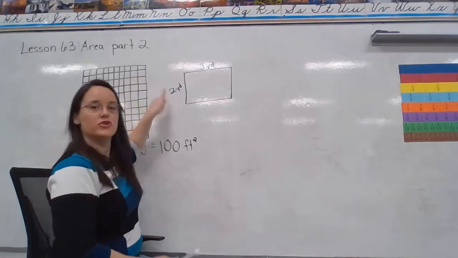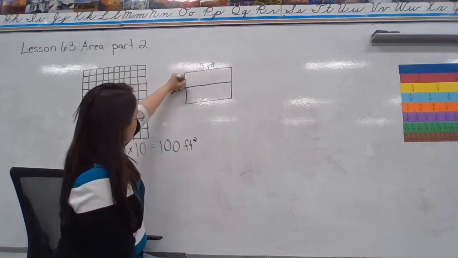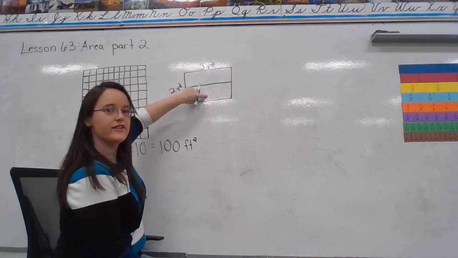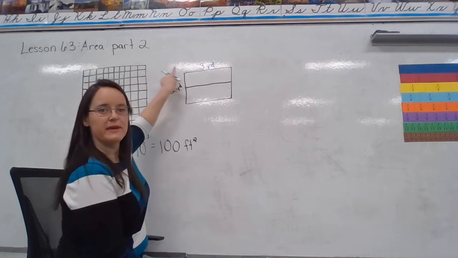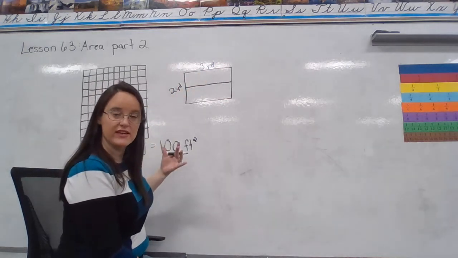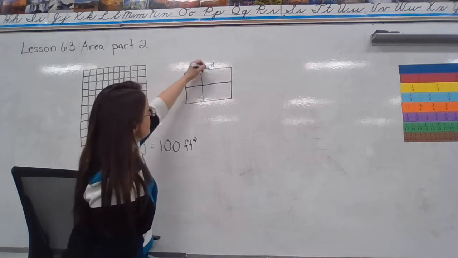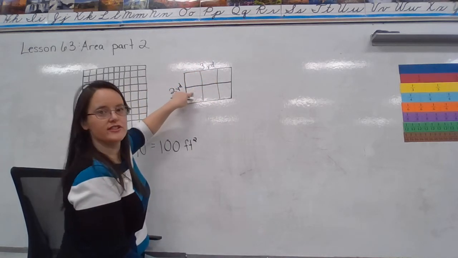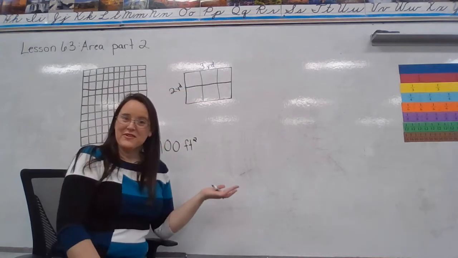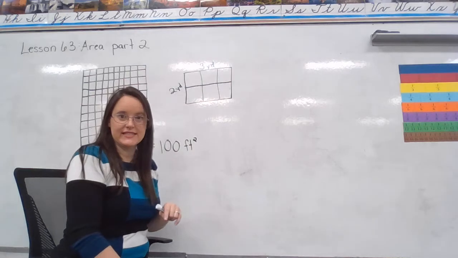I know that this is 2 yards. So if I split it in half, I know that this is 1 yard and this is 1 yard. Across my length here, that's 3 yards. So I would split that into 3 equal pieces. And we have 1 yard, 2 yards, 3 yards there. Now I have a grid. Now I could just count them. 1, 2, 3, 4, 5, 6.